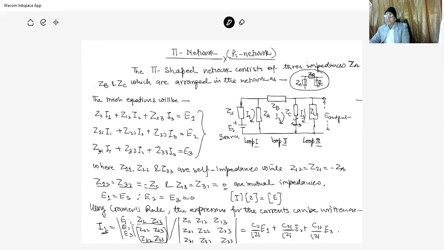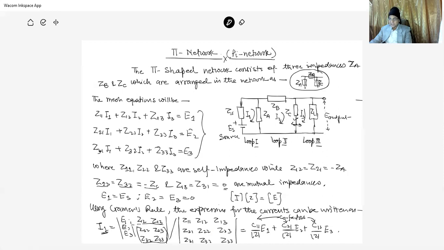So in the intermediate, we have read the determinants and their cofactors. These are the cofactors: this is C11, this one is C21, and this is C31. E1, E2, E3 are the sources.